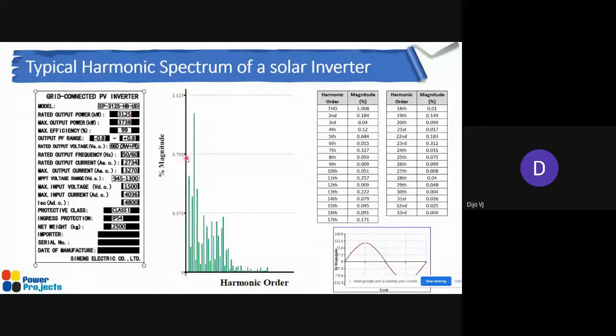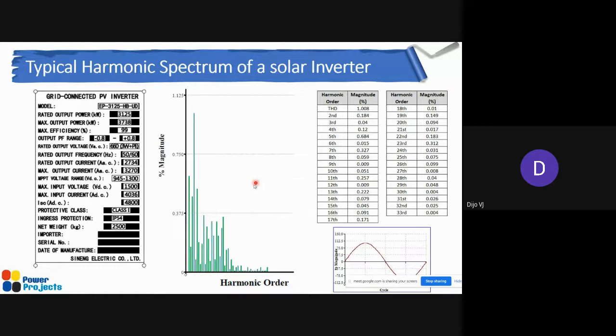But in a solar plant, you can have n number of such inverters. In one of the projects, this particular project itself, it has around 25 such inverters. So what amount of harmonic injection into the system can you assume?